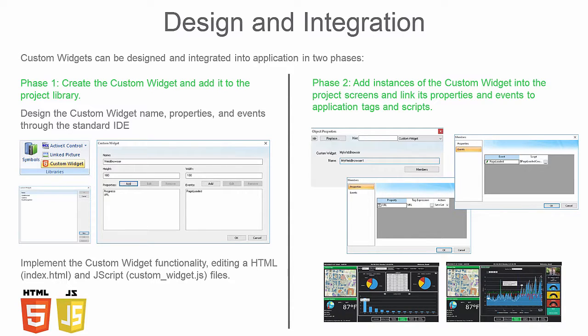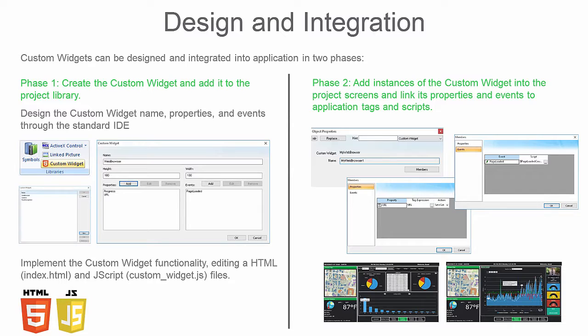And then you edit an HTML file and a JavaScript file, and that's where you need some skills on those technologies to actually implement the control or link an external control, a pie chart, a bar chart, a Google map, and encapsulate it within the standard custom widget interface.